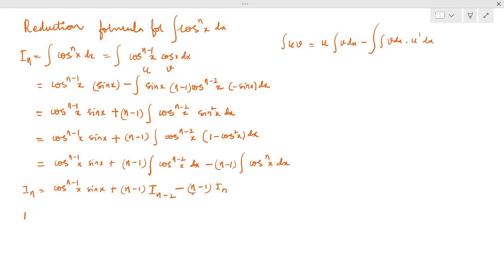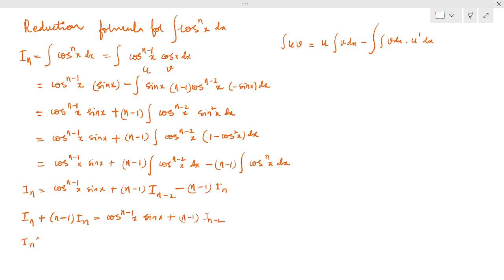Now you bring this minus n minus 1 times I_n to the left side. There is already one I_n. It will become plus n minus 1 times I_n on the left side, and the right side is cos raised to n minus 1 x into sin x plus n minus 1 times I_n minus 2.